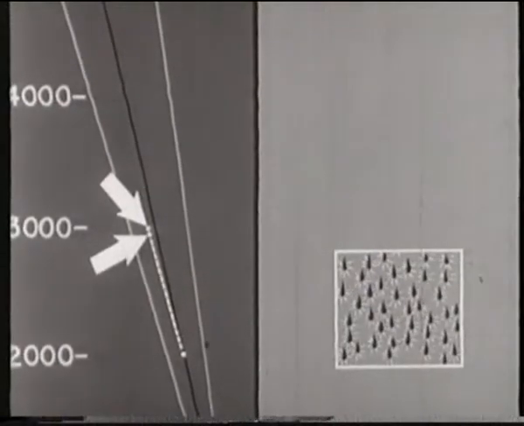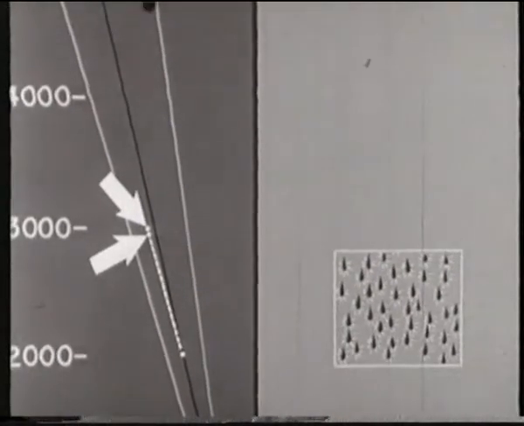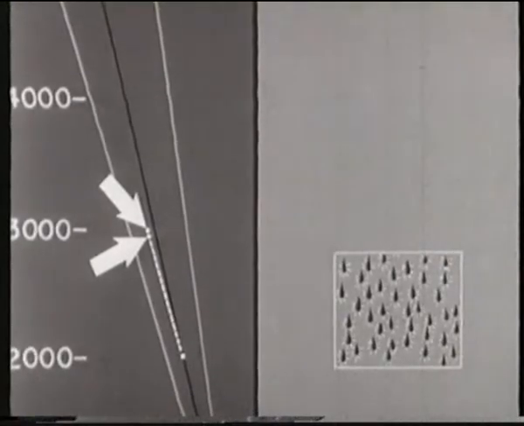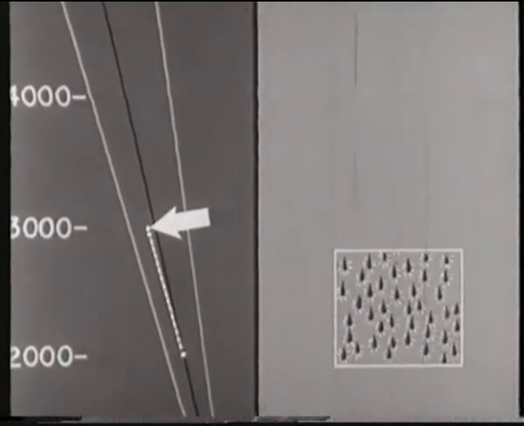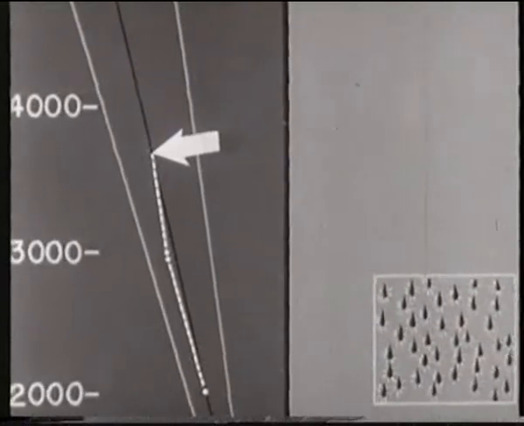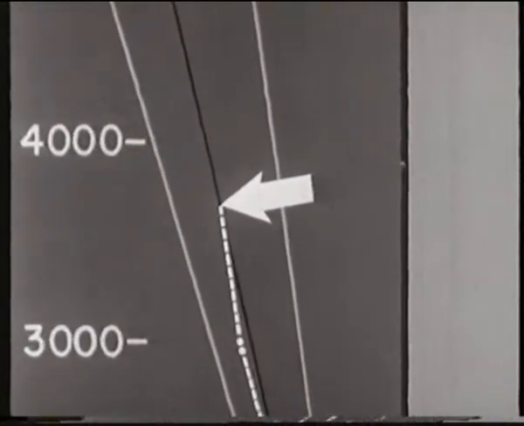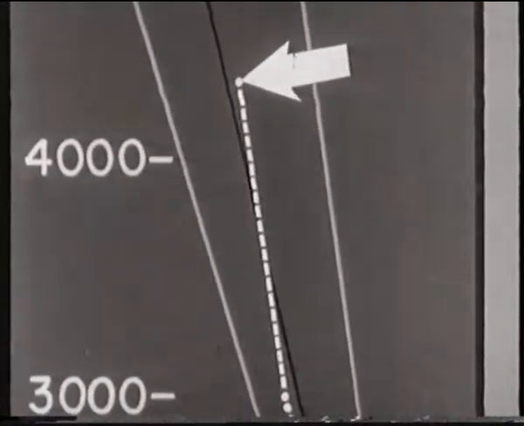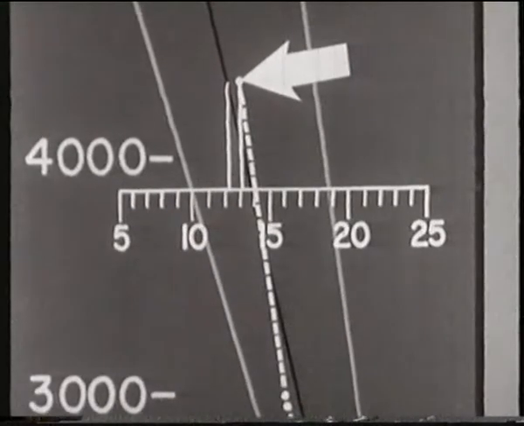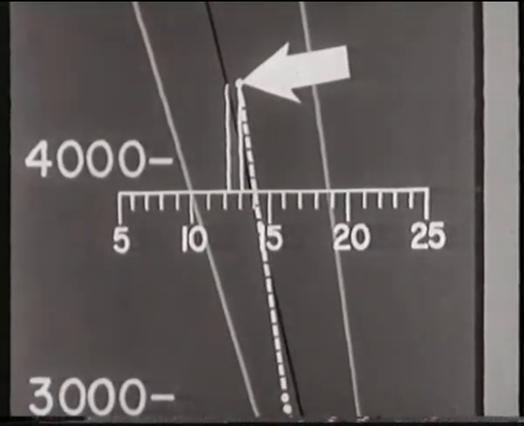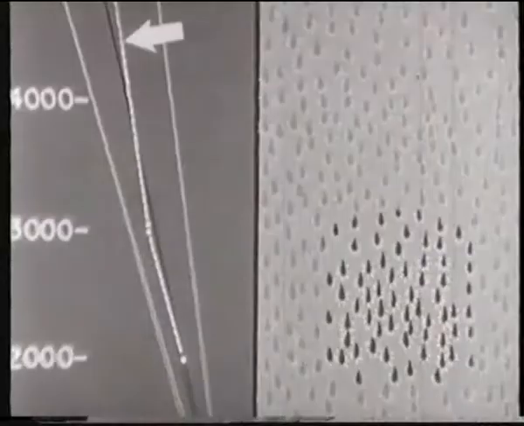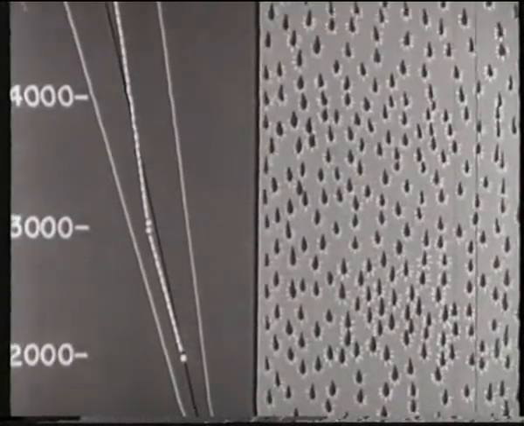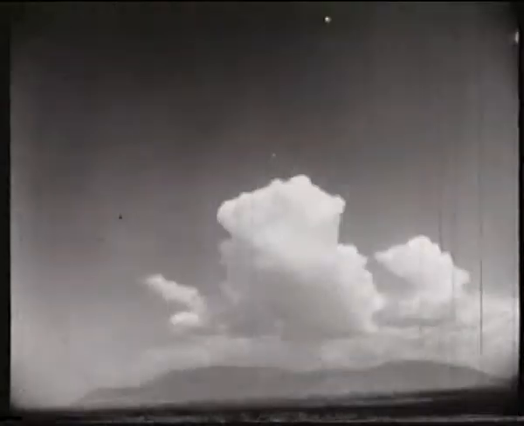Until this time, the parcel has been colder than the air through which it has been lifted. Now, due to the slower cooling rate, it approaches the temperature of the surrounding air. If lifting is continued, the parcel will become warmer than the surrounding air. It is then relatively lighter, and it will be accelerated upward by the weight of the surrounding air.